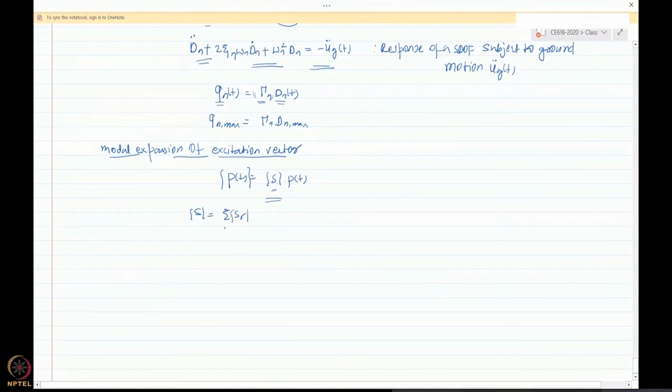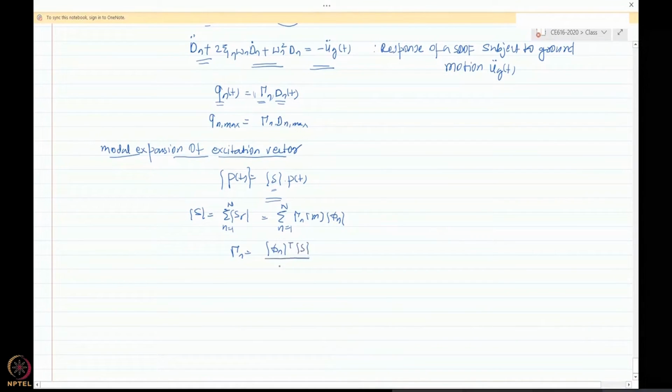So I'll call it n here, and I have already derived the expression for these in the last class. Phi n, where this gamma n is nothing but phi n to the power T times S times the mn.